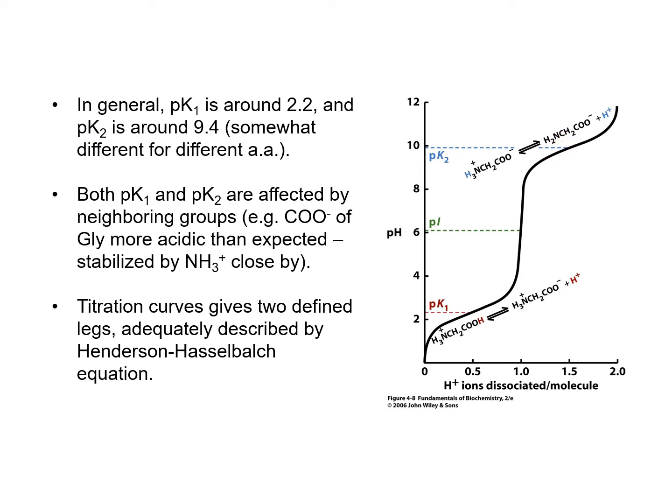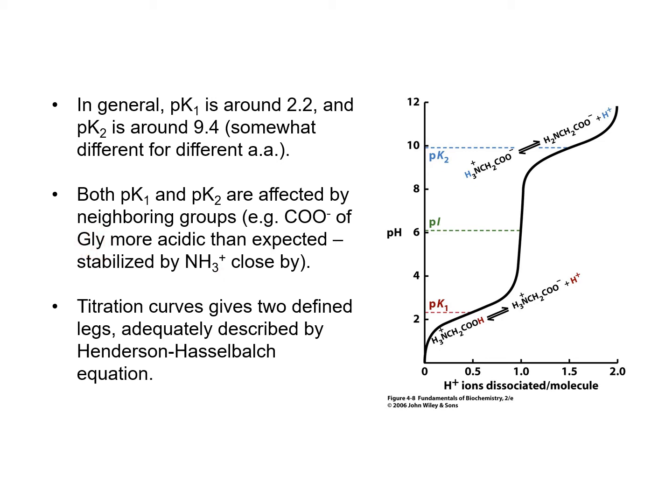But these values are somewhat different for different amino acids based on the side chains that they have or the conditions that they're in. And both pK1 and pK2 are affected by the neighboring groups. So, for example, the carboxyl group of glycine, which is the smallest amino acid, is more acidic than expected because that carboxyl group is stabilized by the amino group that is close by in the other glycine molecule.